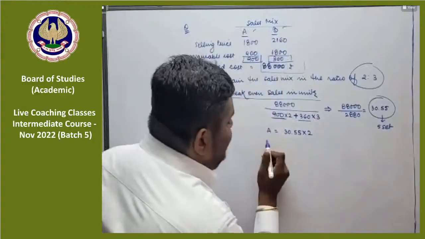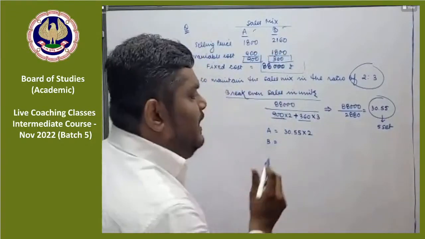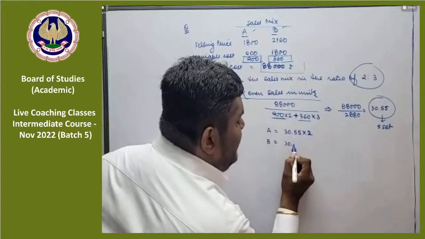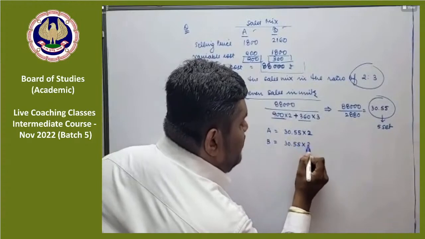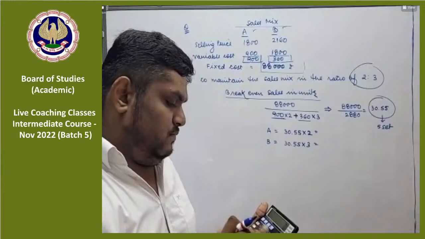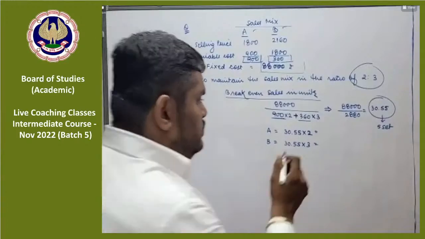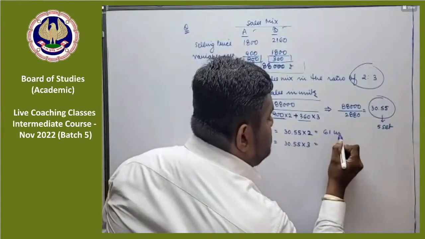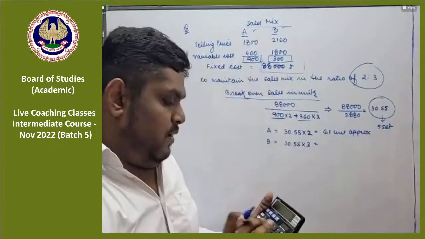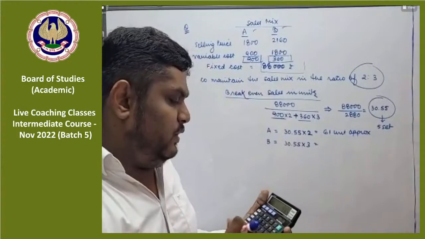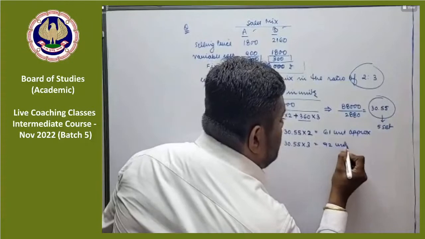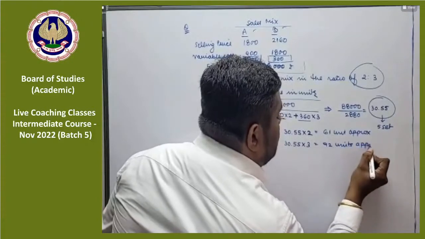So when calculating the individual break-even sales for A and B, this will be 30.55 multiplied by 2 and 30.55 multiplied by 3. So this will be 61 units approx. And 30.55 into 3, that is 92 units approx.